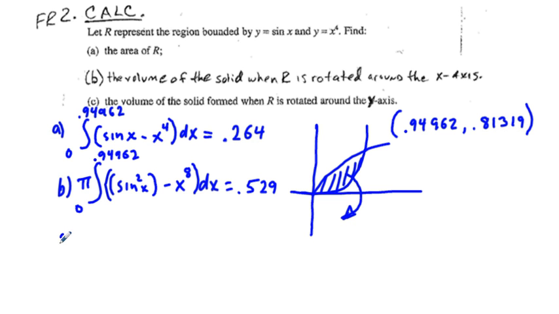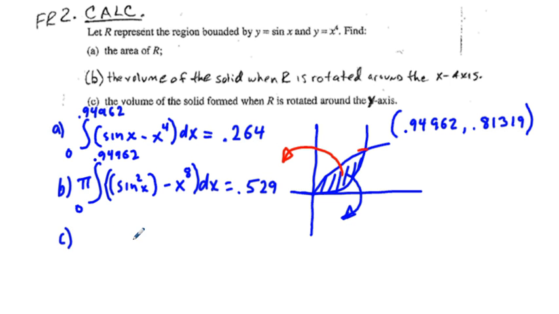Now, part C, about the y-axis. We're going to take this area here, same area, but rotate it this way about the y-axis to create that solid of revolution. So what we're going to have to do is get these equations in terms of y, and we're going to have this x to the fourth minus this one here going this direction.